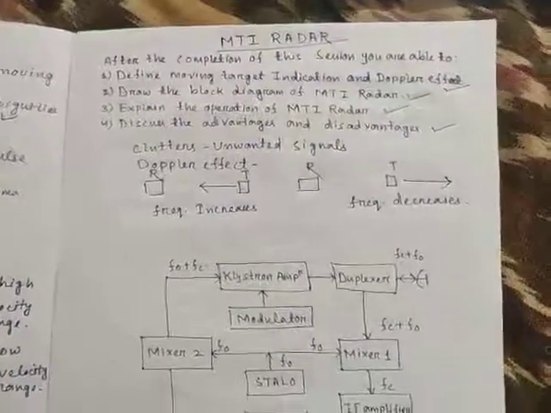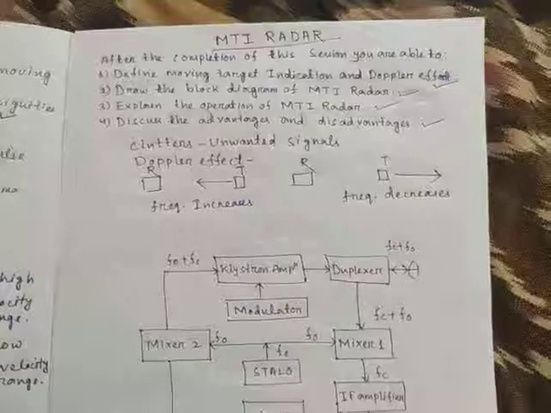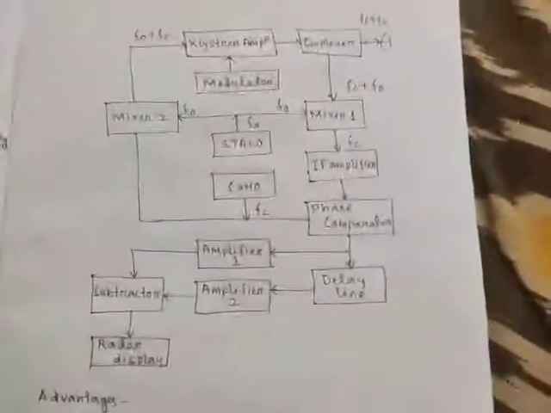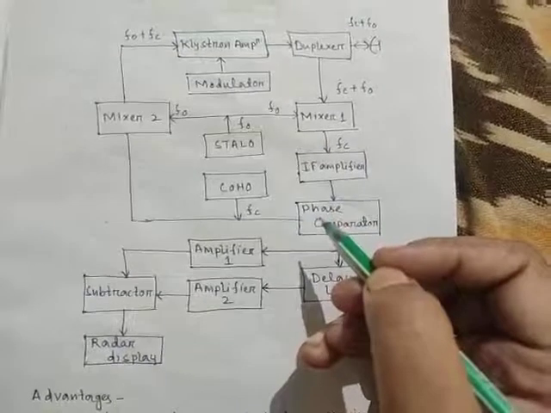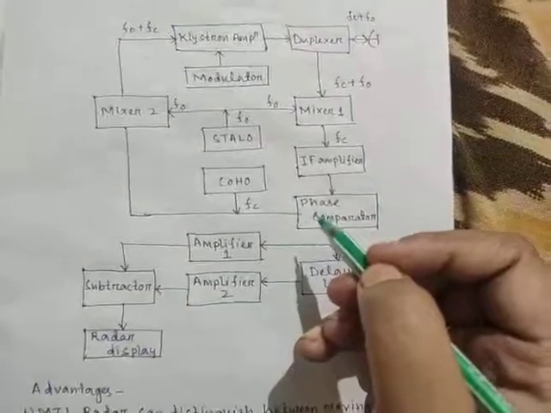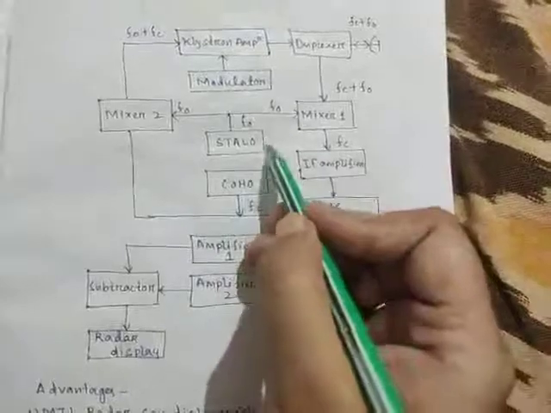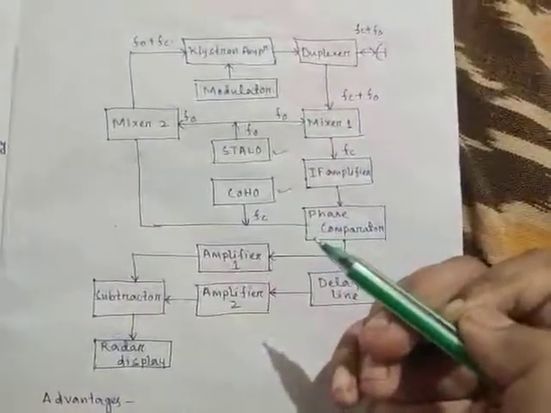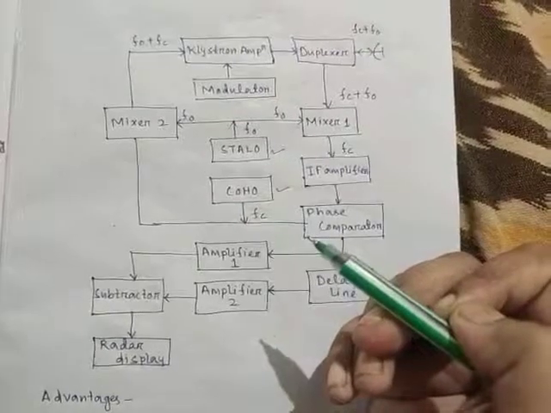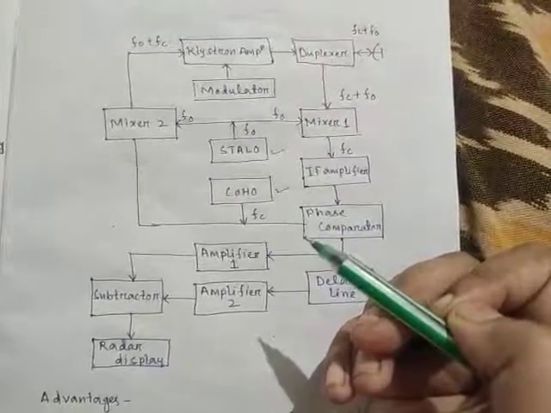Then we go for the block diagram of MTI radar. Let's see the block diagram. In this block diagram, we use two local oscillators, one named Stalo, the other named Coho. Stalo means stable oscillator, Coho means coherent oscillator.